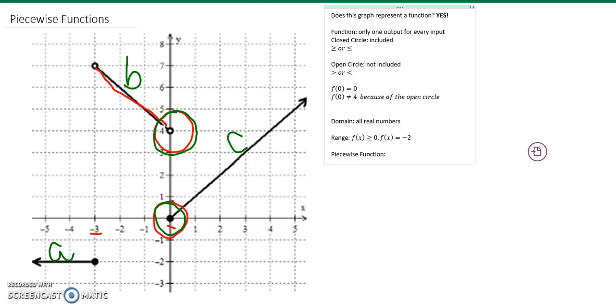As we had noticed previously, each line segment and ray had a different domain and range. They also have different equations for each line. And this is exactly what a piecewise function is. It is a function that is made up of different formulas on different parts of the domain.